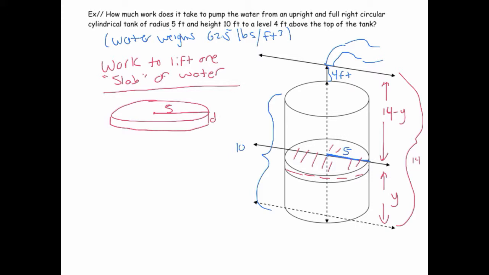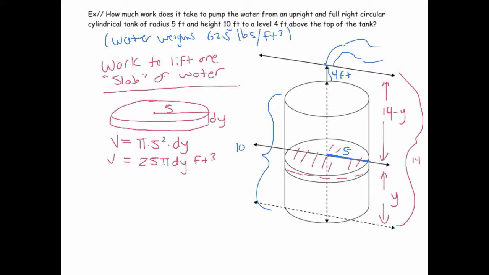This is a small change in y, so that's dy. So the volume of this slab is going to be pi r squared times dy, or in other words, 25 pi dy cubic feet. That's the volume of the slab.